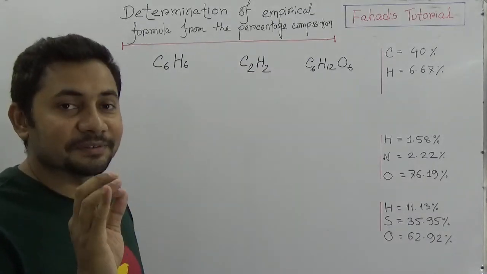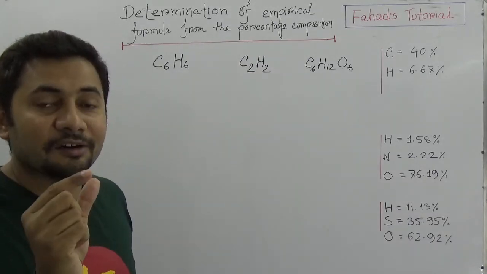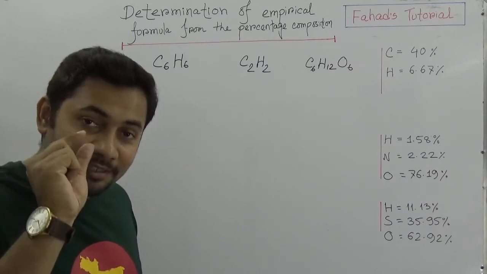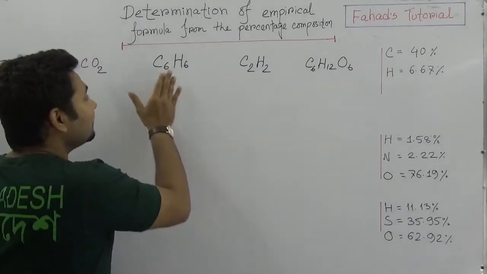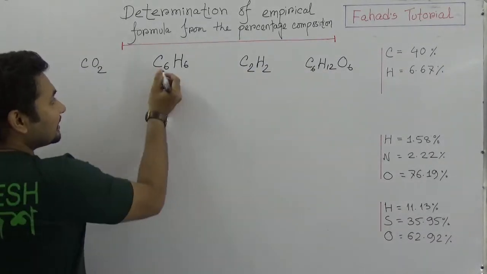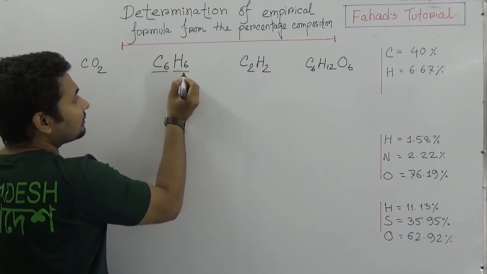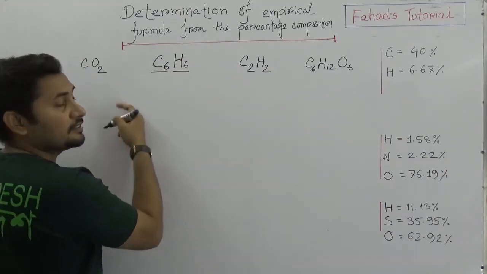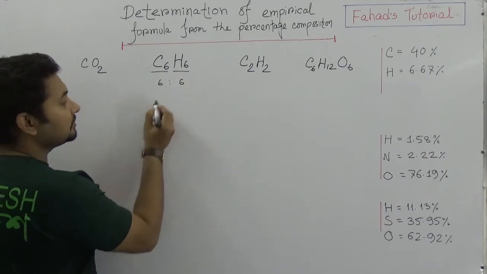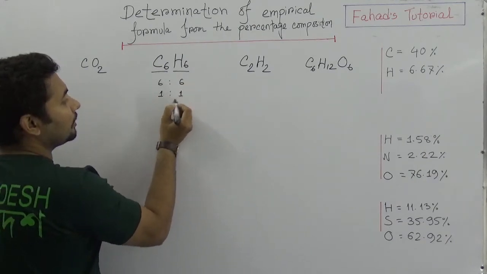And if I ask you the ratio of the number of atoms of different elements in these molecules, what would be your answer? Here carbon and hydrogen, what is the ratio of carbon and hydrogen? It is 6:6, it means 1 and 1.